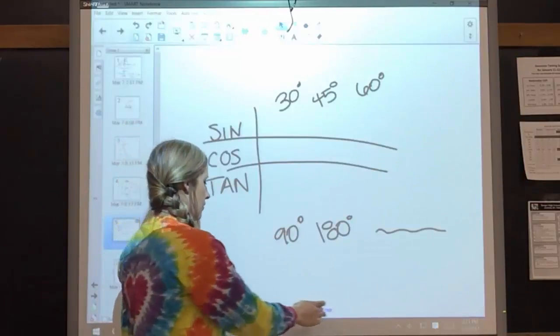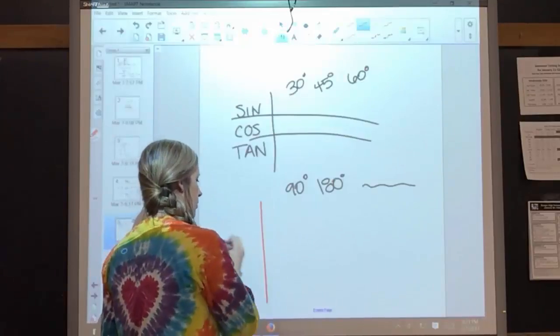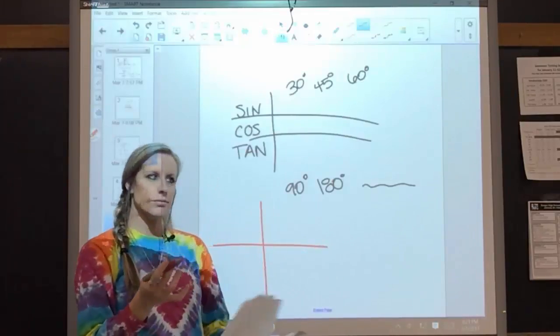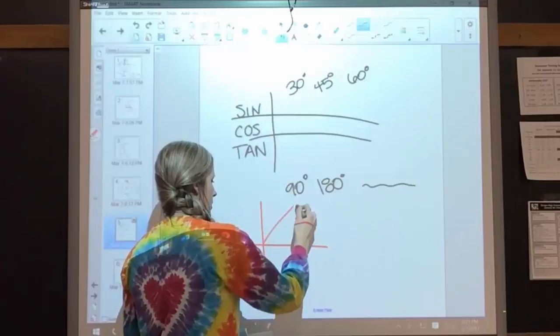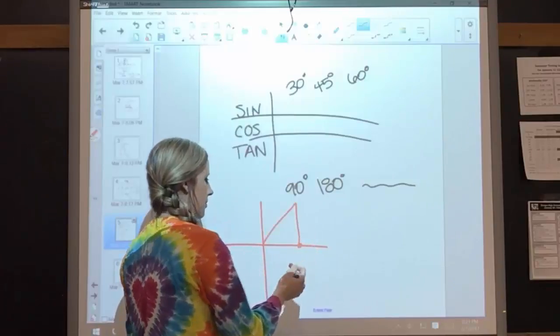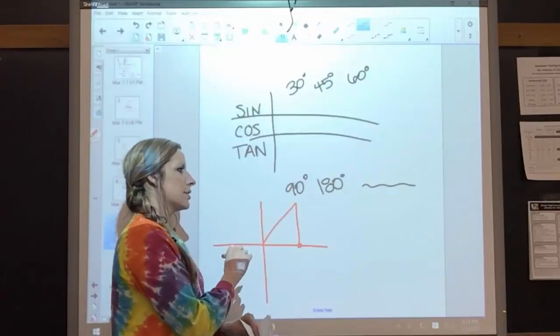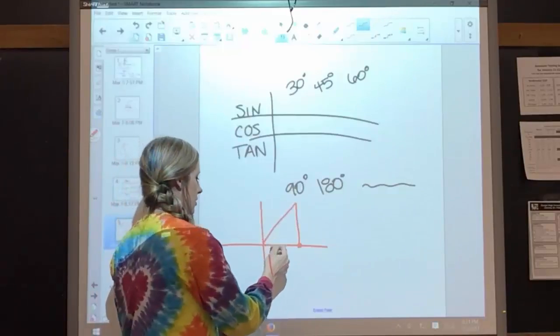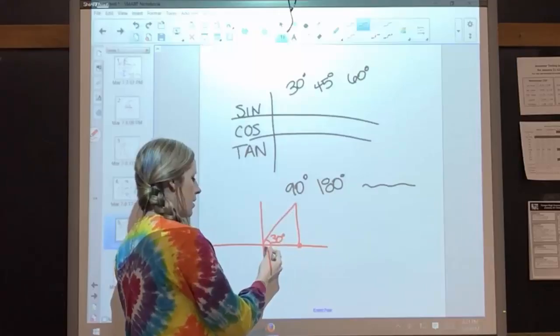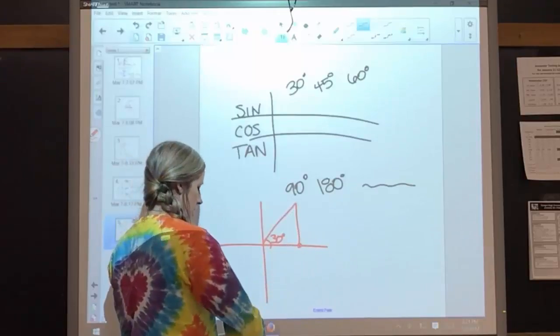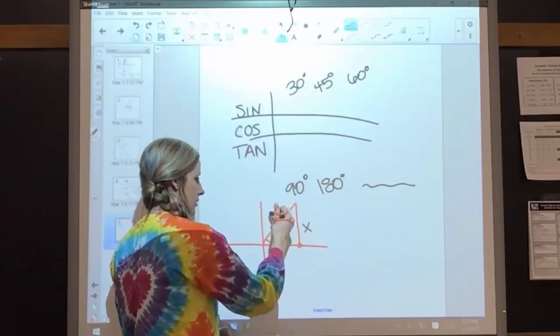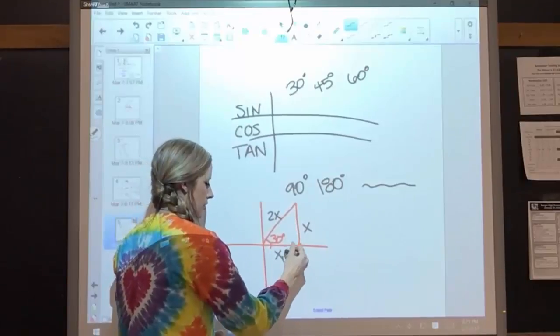Okay, if you think about it, we're doing a unit circle or a unit triangle pretty much. So if you can remember the special triangles, where like if I'm talking about a 30-degree angle, it's going to be x, 2x, and x times square root of 3.